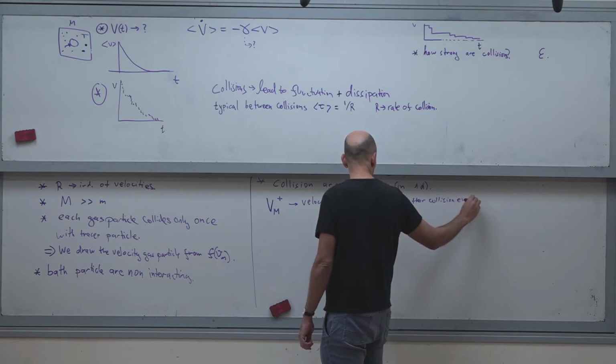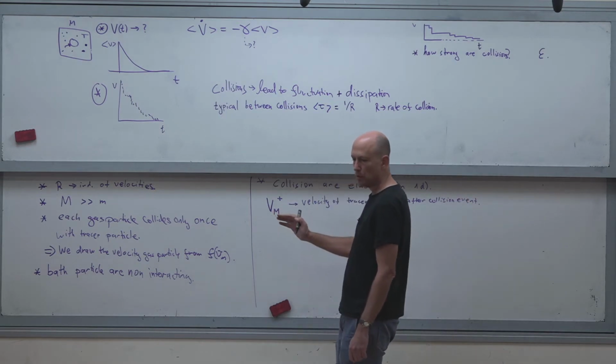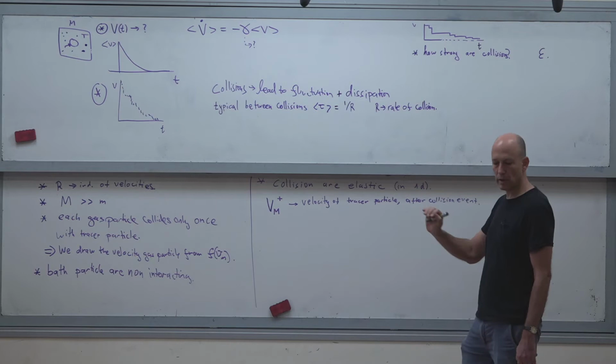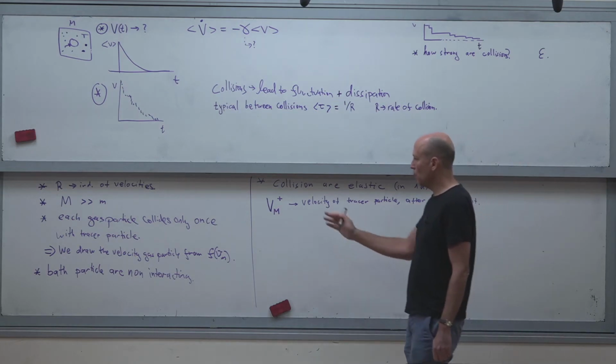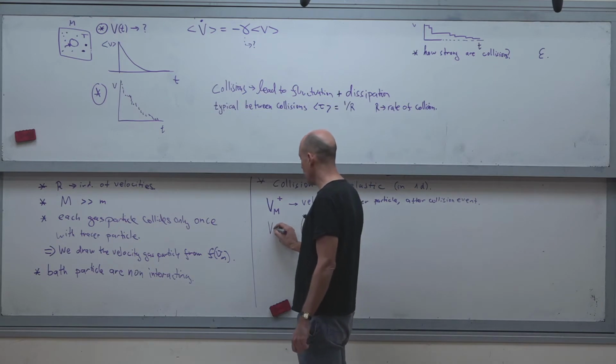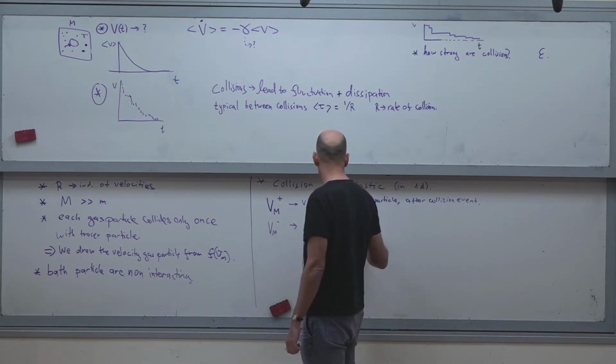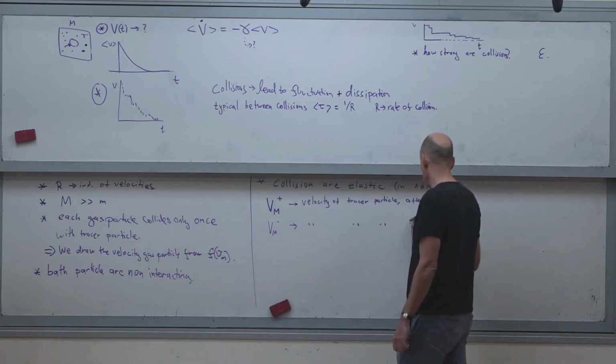So the meaning of the plus is I had a collision, and this is immediately after that. Of course, later on the velocity will be conserved, but this is this plus. Vm minus is simply the velocity of the tracer particle just before the collision event.